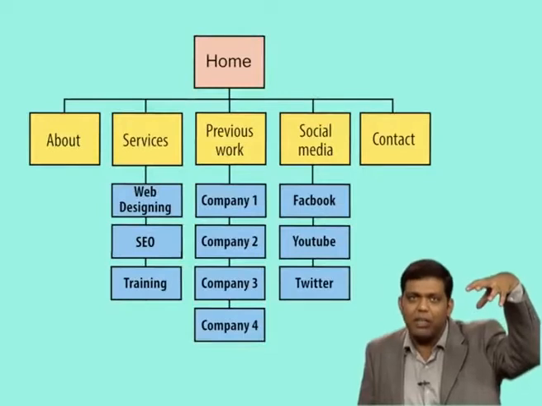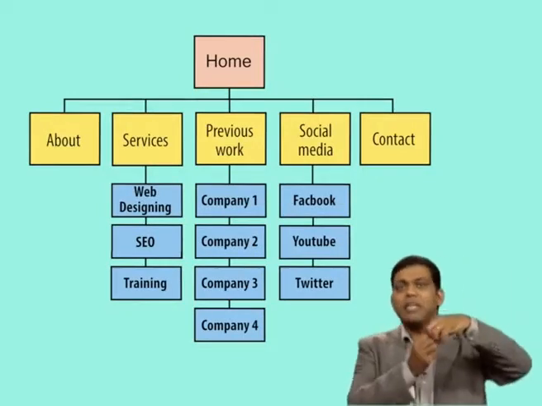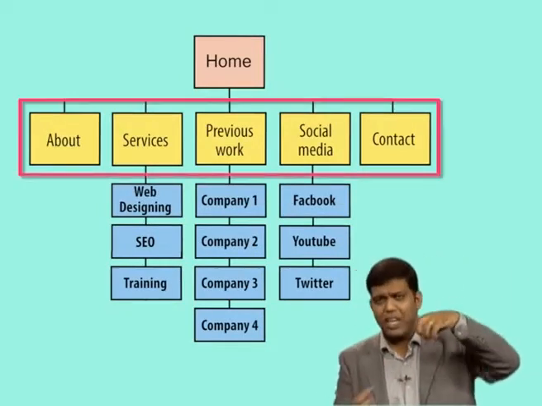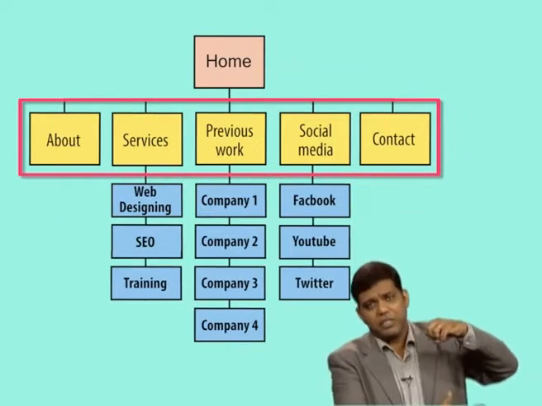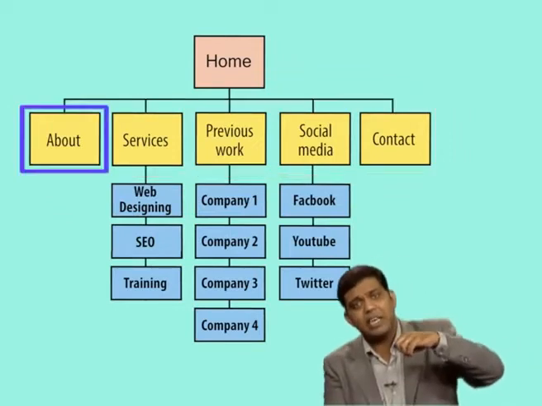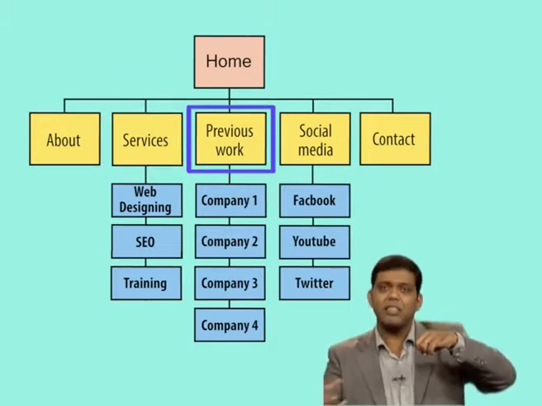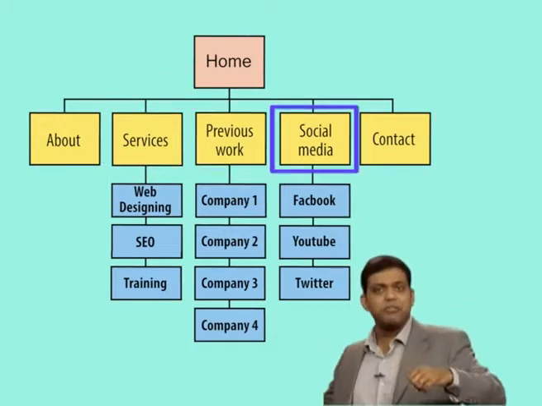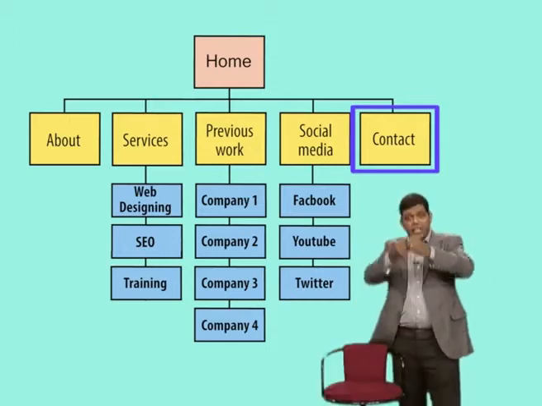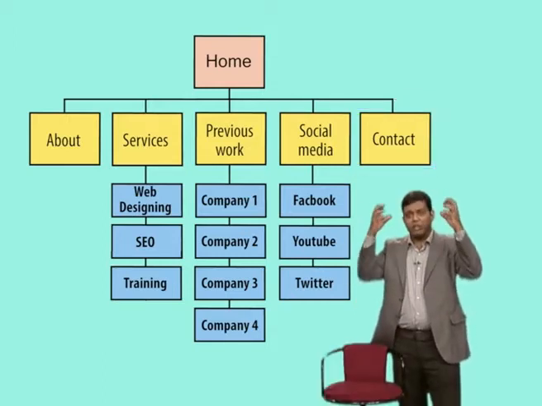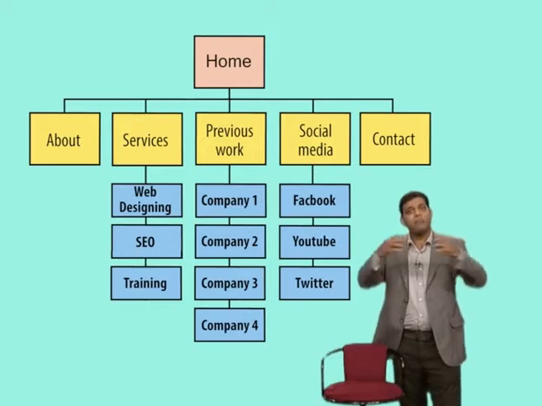In the case that I talked about, there is a home page of the website that you have. The home page has 5 children. In the case that we talked about, the first child is the about us page, the second child is the services page, the third child is prior experiences or prior case studies, fourth is the social page, fifth is the contact us page. So the main landing page was the parent, you have 5 children.